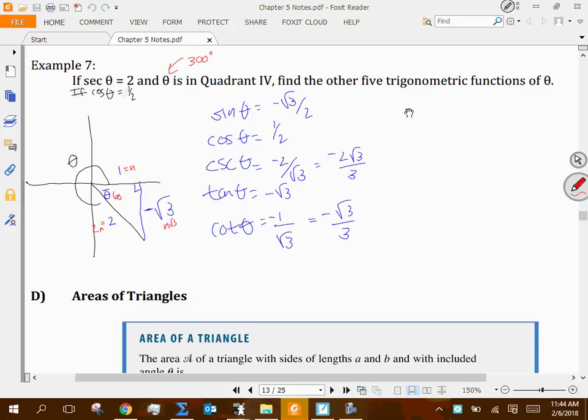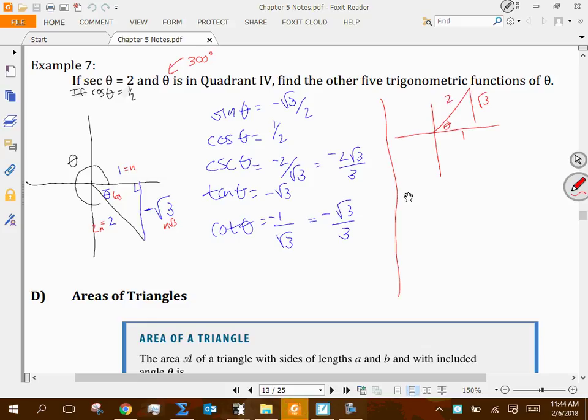Another way of doing this is to go up through using the reference angles. If we know it's in the fourth quadrant, and the secant is 2, it gives us that theta bar angle right here. Maybe I put that theta bar up in the 1st quadrant, and opposite that we had root 3, this would have been 1, and that would have been 2.